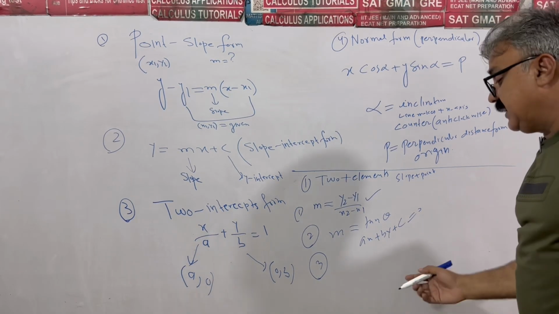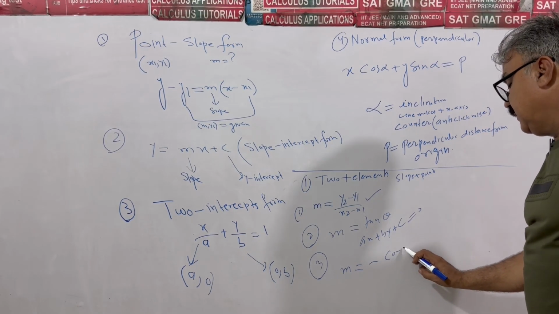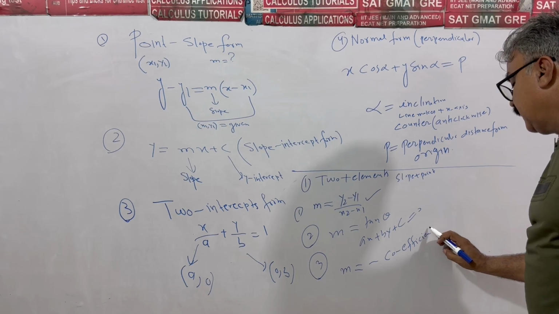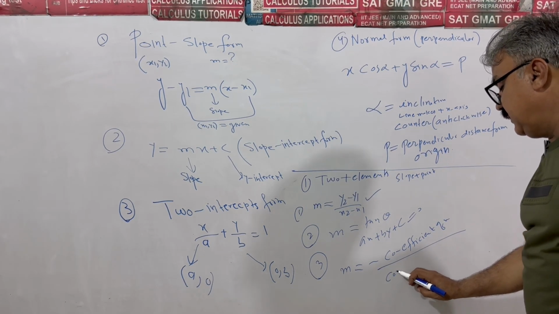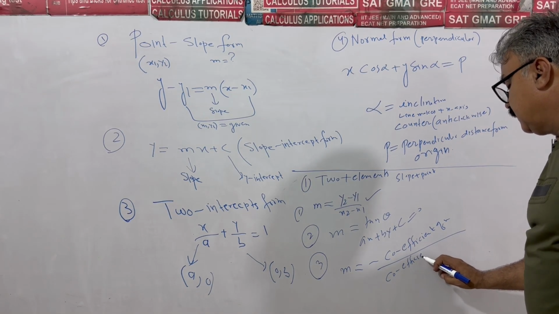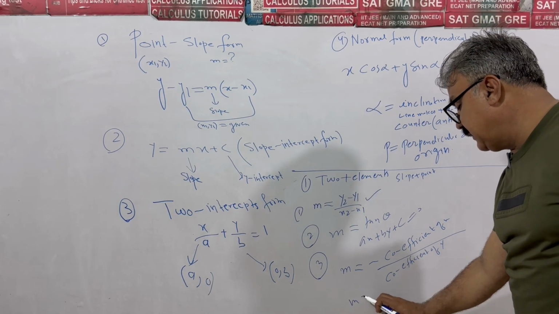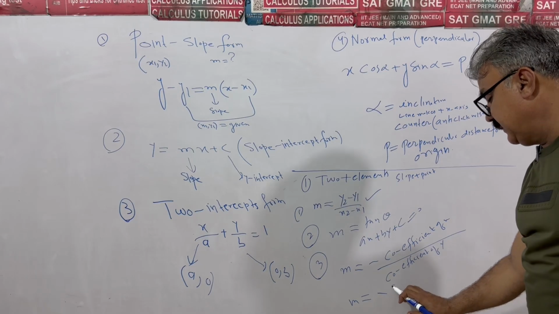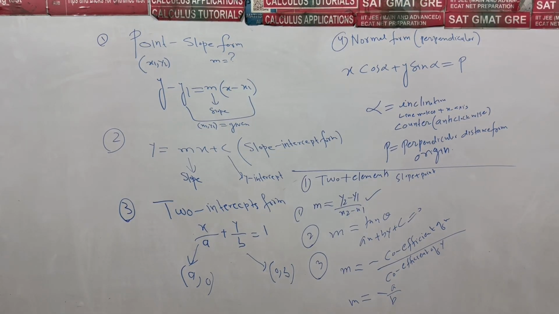Slope is given by m is equal to negative coefficient of x over coefficient of y, that is, negative a over b.